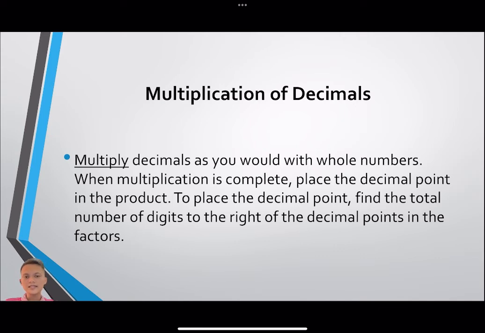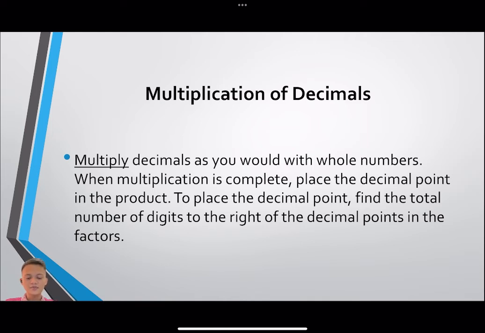Kapag nagmumultiply tayo ng decimals, ganun din ang pagmumultiply natin katulad ng whole numbers. But, after nating mamultiply ang decimal numbers, bibilangin natin kung ilang decimal places yung nasa given natin, i-add natin yung dalawang decimal places tapos ilalagay natin yung decimal places dun sa product natin.